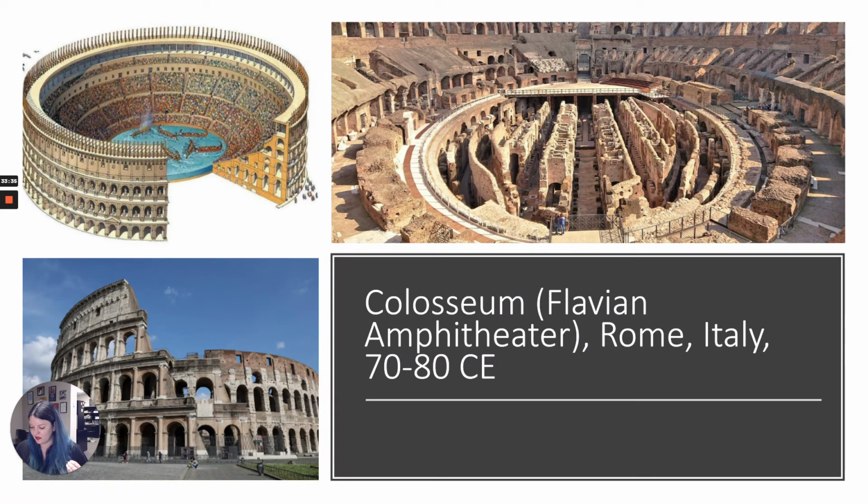Remember, the Pompeii amphitheater seated 20,000 people, which seems crazy. This seated 56,000 spectators. It was built on the grounds of Nero's artificial lake that he made for his very ostentatious house. Vespasian reclaimed that for the public.